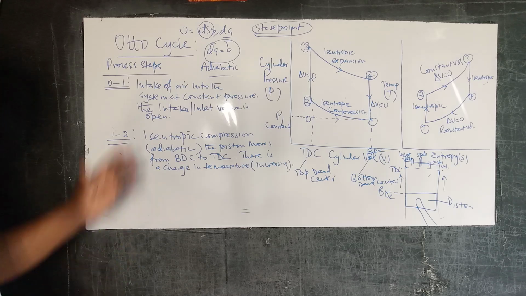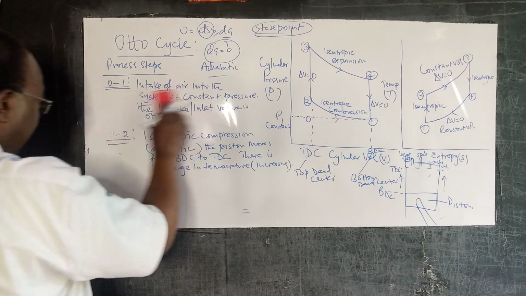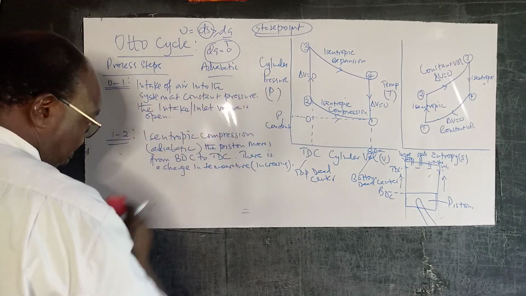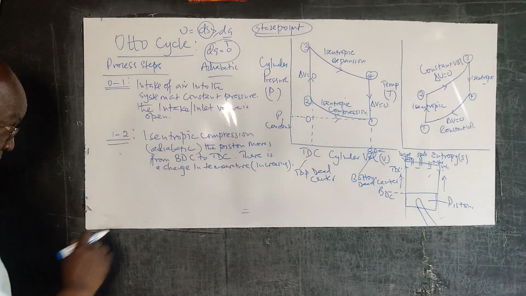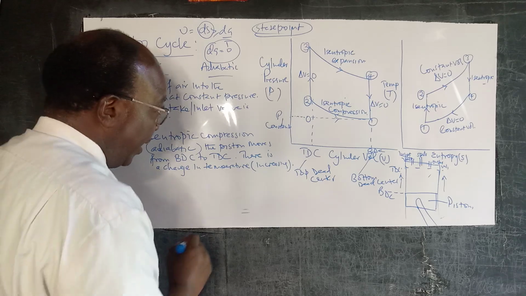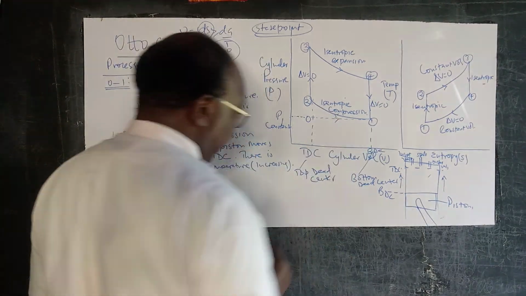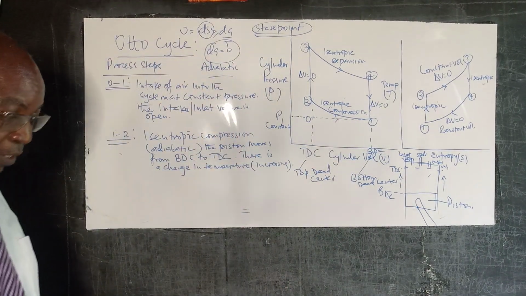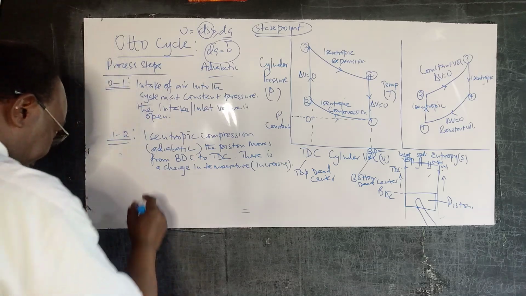Now, we need more of this space, so let's work on the next step. But we need to point out something here. At this particular point, we have the compression ratio.